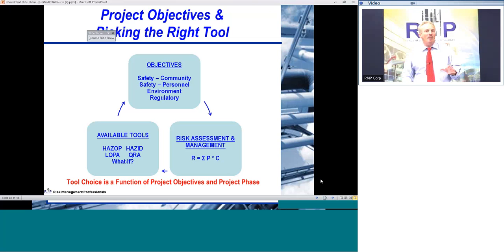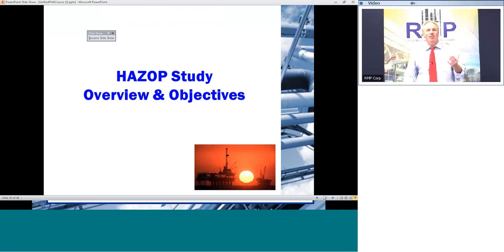So these are the challenges of the designer, and it's the designer's covenant with the operating company that they're going to provide a design that minimizes risks and has addressed potential weaknesses. Now, I mentioned a couple times HAZOP studies as the workhorse for fleshing these out.